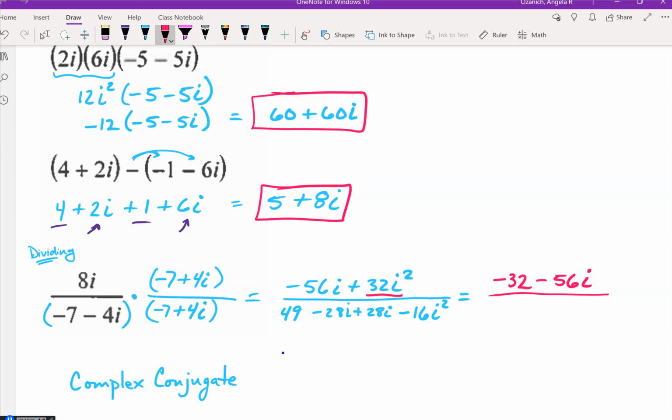In our denominator, we're going to notice that these middle two terms are going to cancel. And I'm going to have 49 and then my -16 times my -1. It's going to be plus 16, so we're just going to keep rolling with this. -32 minus 56i, all divided by 65.